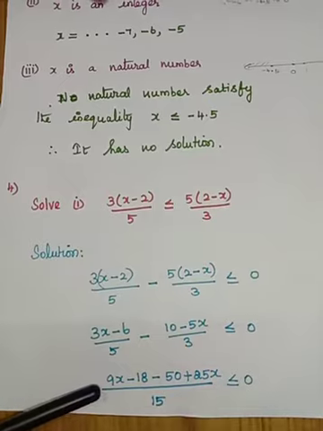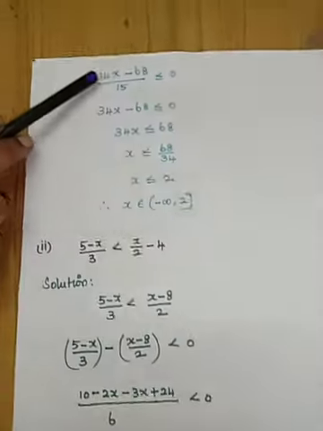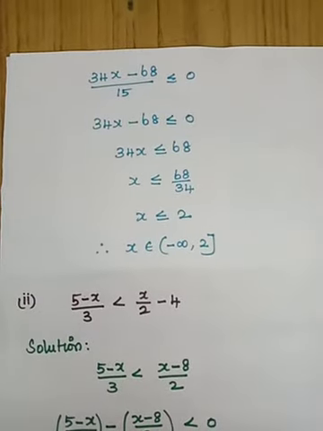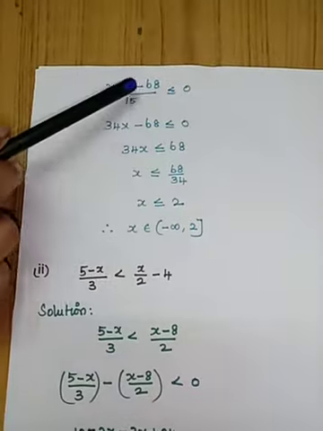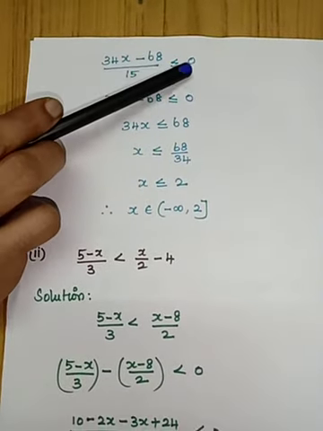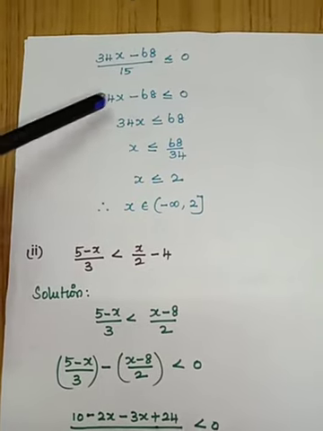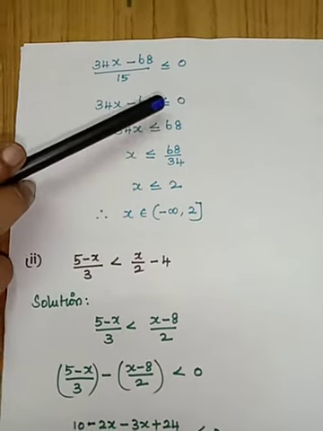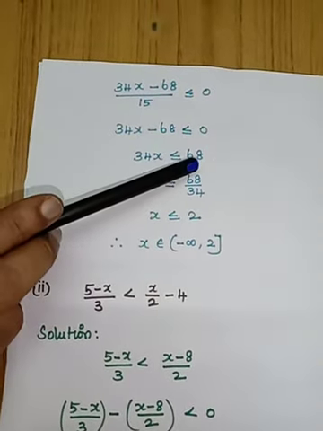When you simplify the numerator, 9x plus 25x, what is it? It is 34x. And minus 18 minus 50, that is minus 68, less than or equal to 0. The denominator 15 into 0 is 0. So 34x minus 68 less than or equal to 0. The next step, 34x is less than or equal to 68.